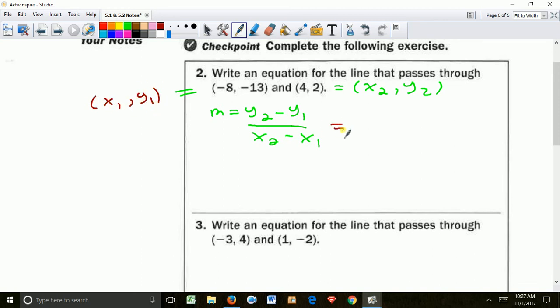So plugging these into the slope formula, you now get 2 minus -13 divided by 4 minus -8.